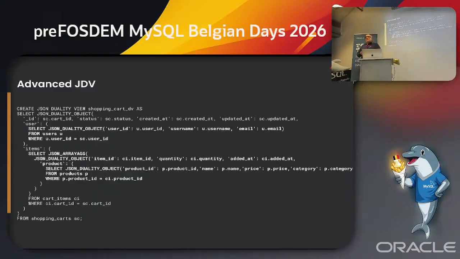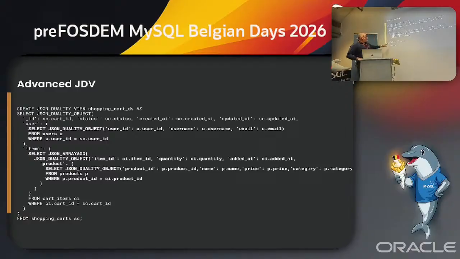What I can do is call to other JSON objects to add them inside of my object. Okay? So the view jumps into the JSON world.